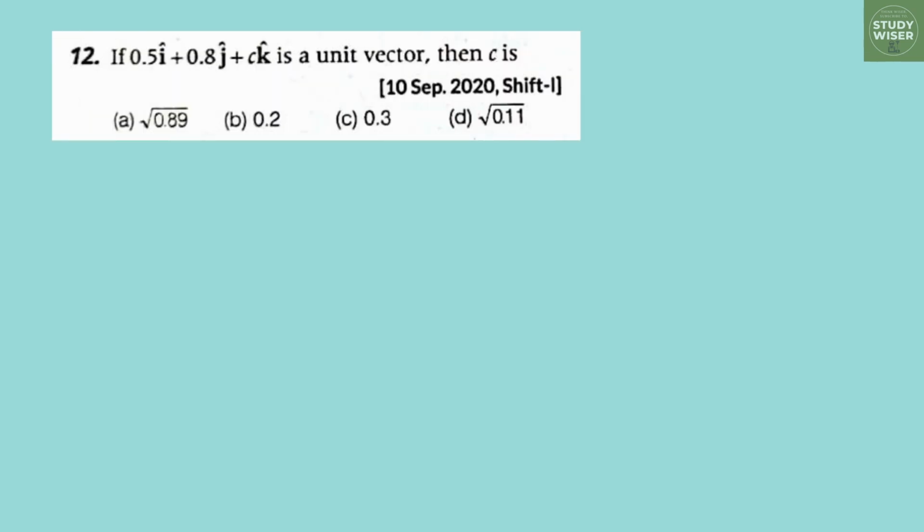Now 12th question, ఇది చాలా ఈజీ అనుకుంటా. If 0.5 I cap plus 0.8 J cap plus C K cap is a unit vector, then C is unit vector అంటే magnitude is 1. అంటే root over 1/2 whole square, అంటే plus 0.8 అంటే 4/5 whole square plus C square is equal to 1. అంటే 1/4 plus 16/25 plus C square is equal to 1.